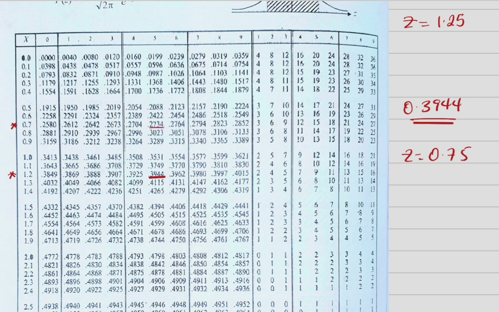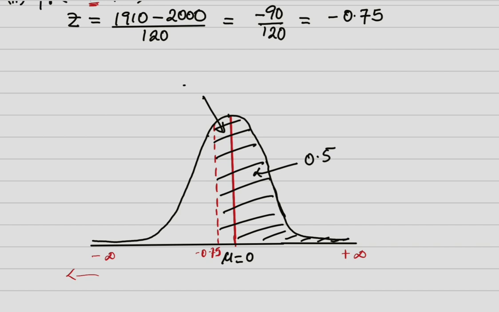Under 5, can you see it now? It is 2734. So since we've gotten this, let's move back to the curve. So it means that this area is actually 0.2734. That's exactly what it meant.